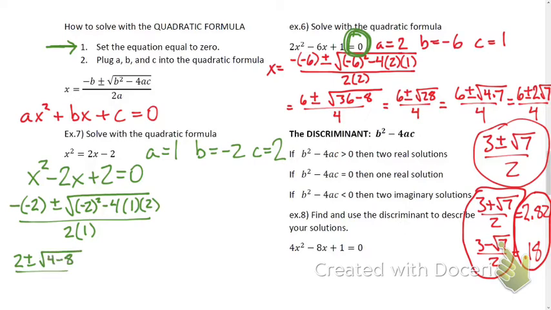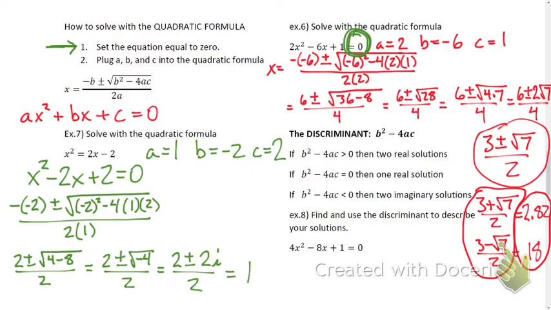Ooh, that's going to give us a weird answer. That equals 2 plus or minus the square root of negative 4, square root of a negative. Can we do that? 2i. No way to use the calculator on this problem. That's why it's a good habit to be familiar with your square roots.